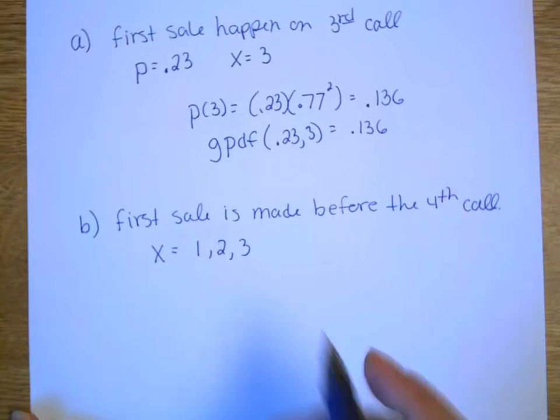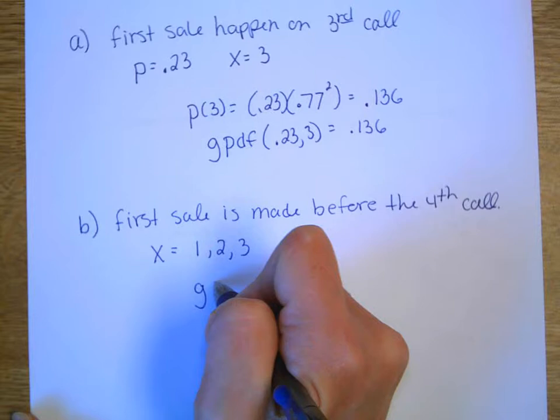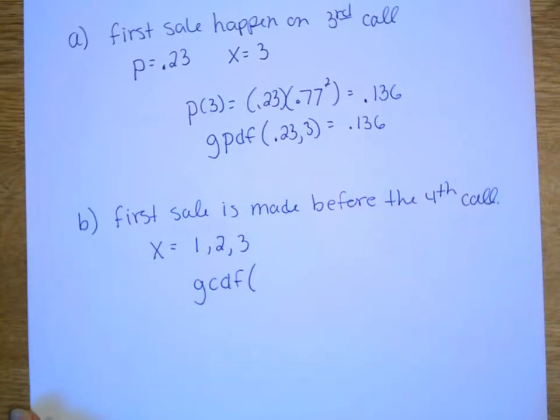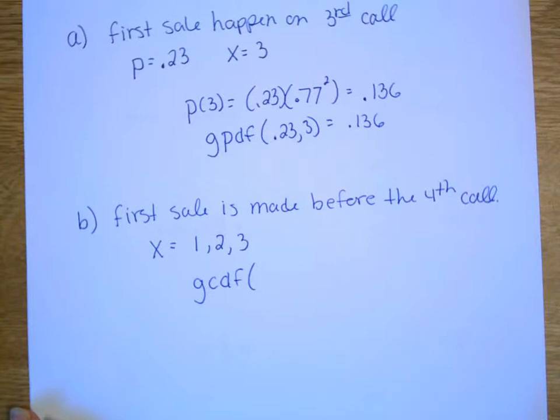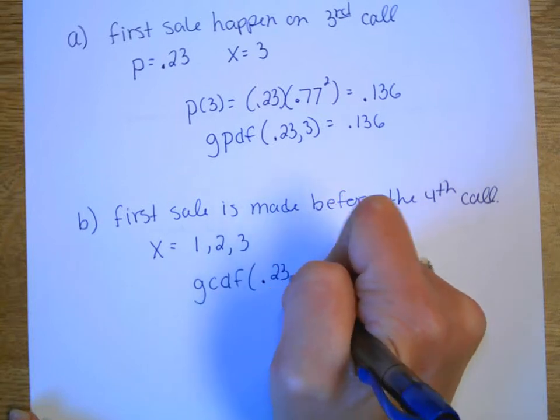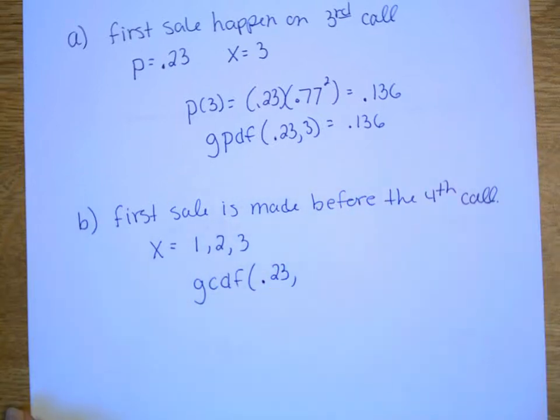So, if we use the GeoMet CDF, we can save ourselves some time. We still have to feed it the probability of a single success first, which was still 0.23. What's the trial number that we want to have the program stop adding at? 3.